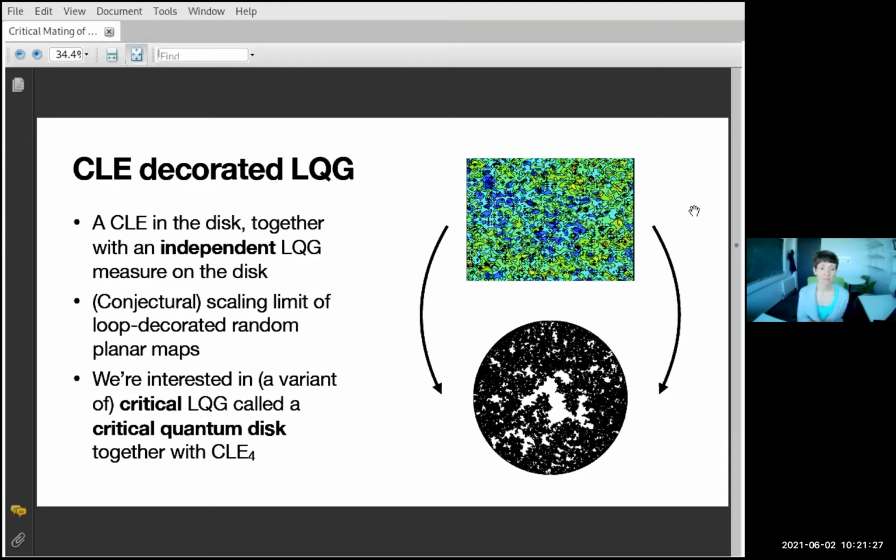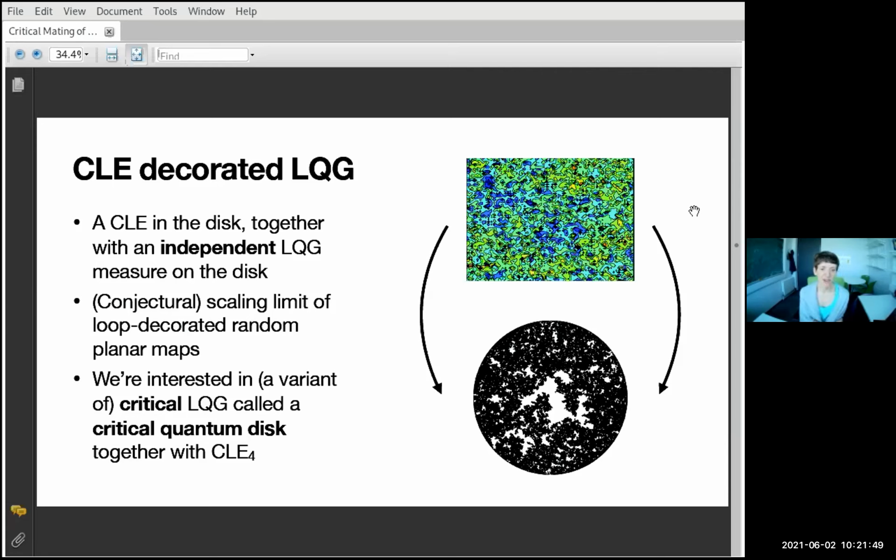So all I mean by that is that you take a specific variant of the Gaussian free field to define your LQG measures. And this is a very natural variant to take because it's actually the one that's conjectured to give the Liouville quantum gravity measures that arise as scaling limits of certain finite volume random planar maps.